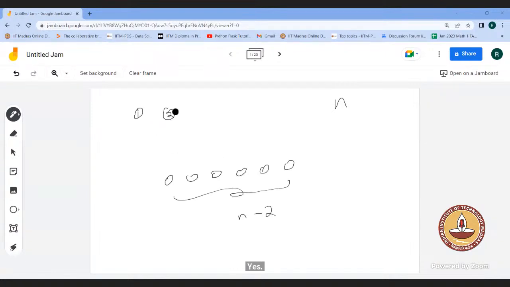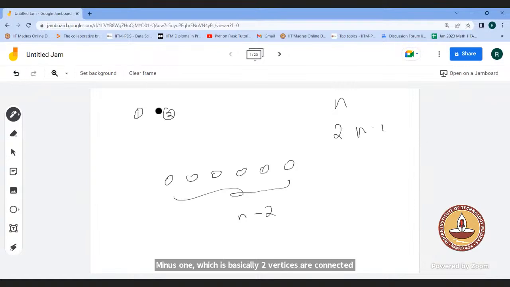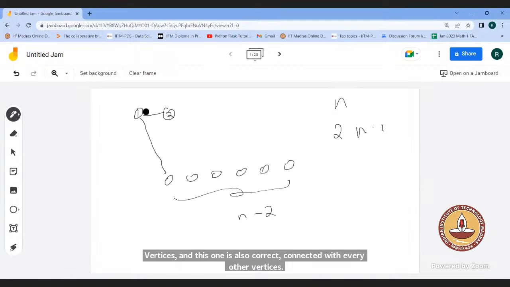See, suppose what the question says, if two vertices have degree n minus 1, which is basically two vertices are connected with every other vertex. So this one is connected with every other vertex and this one is also connected with every other vertex. So then the graph will be like this.